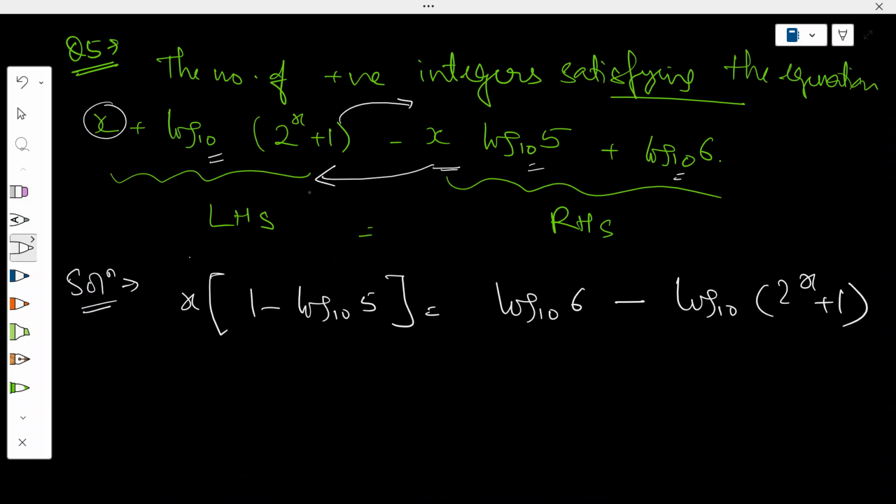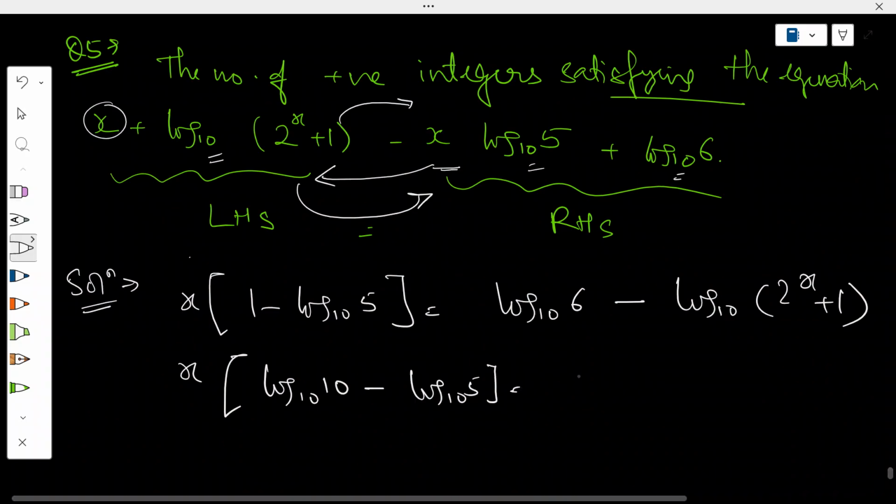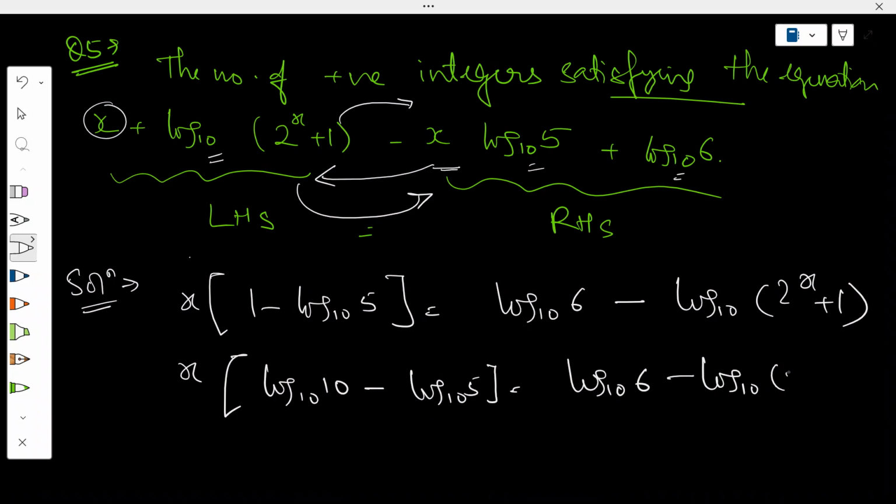Okay, transfer this to this side. Then we can write 1 as log base 10 of 10 minus log base 10 of 5, and this will be equals to log base 10 of 6 minus log base 10 of 2 to the power x plus 1.